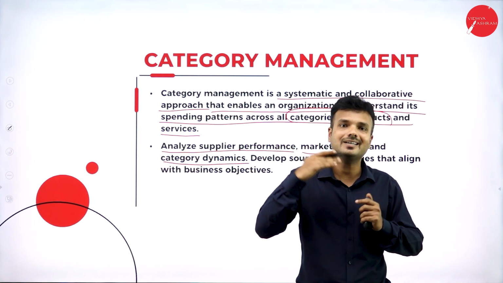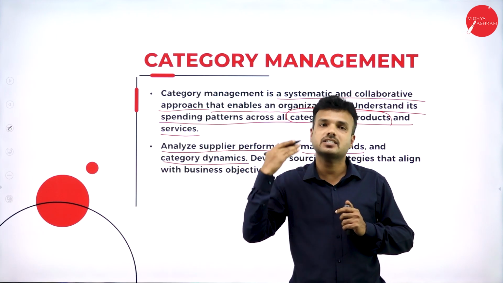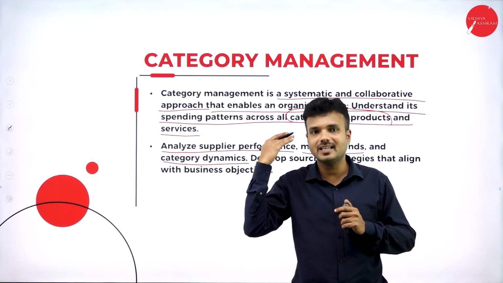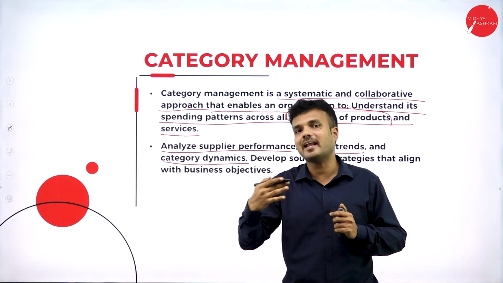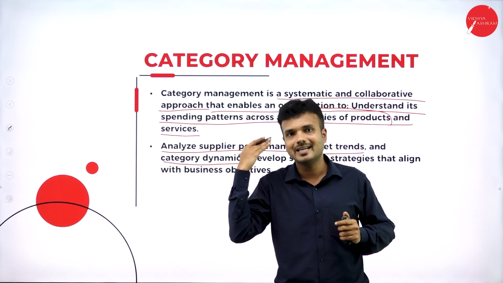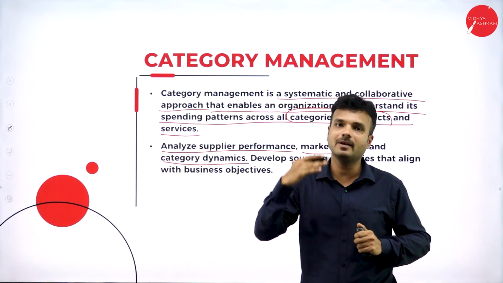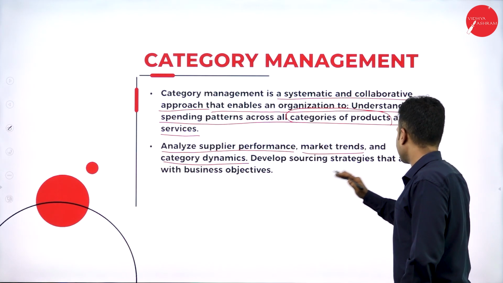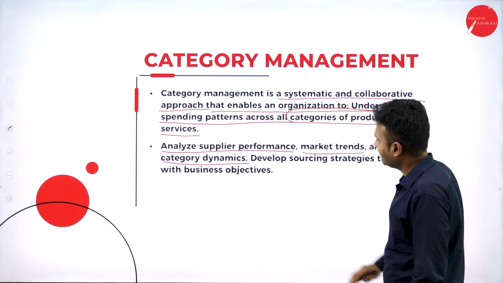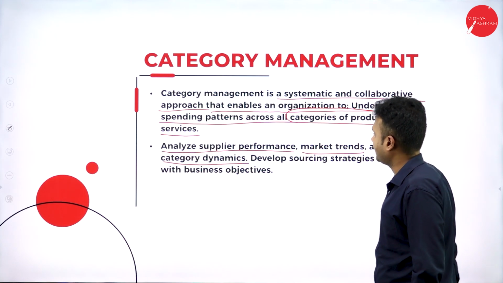He must use strategic ideas, strategy towards the sales, right? So he is supposed to use the master plan to make good sales and to make the goods available for all the categories of customers. Develop sourcing strategies that align with the business objectives.